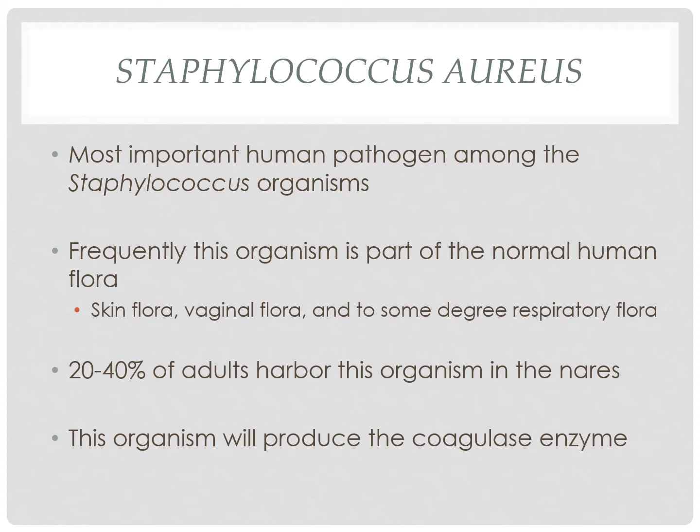It may not be MRSA, although they do screen for MRSA by swabbing the nares. And this organism will produce the coagulase enzyme. In fact, that's one way we can tell we're dealing with the Staphylococcus aureus, by testing it for the coagulase enzyme. And if it's positive for coagulase, then you know you have a Staphylococcus aureus.